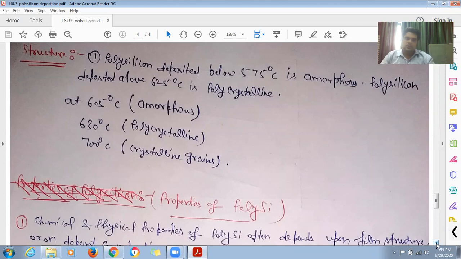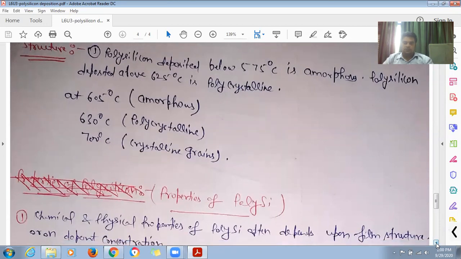Practically it is found that at a temperature of 605 degrees centigrade, we get amorphous silicon. At a temperature of 630, we get polycrystalline, and at a temperature of 700 degrees centigrade, we get crystalline grains.